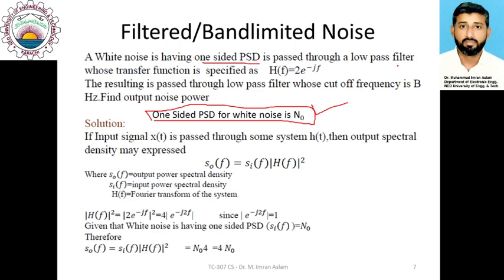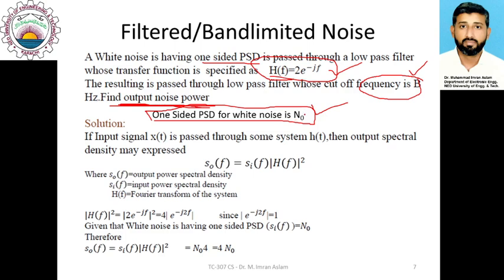It is passed through a filter whose transfer function is given like this: H(f) is equal to 2 e raised to the power minus j f. The result is passed through a low pass filter whose cutoff frequency is B, and we want to find the noise power. So what is the noise power?